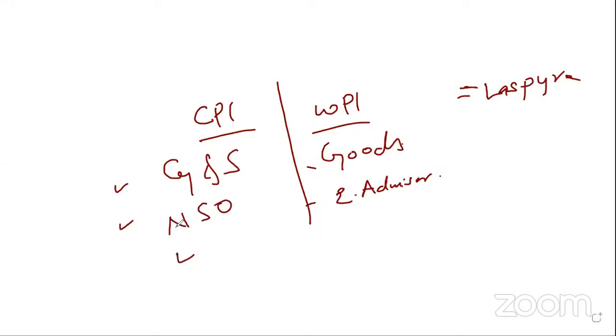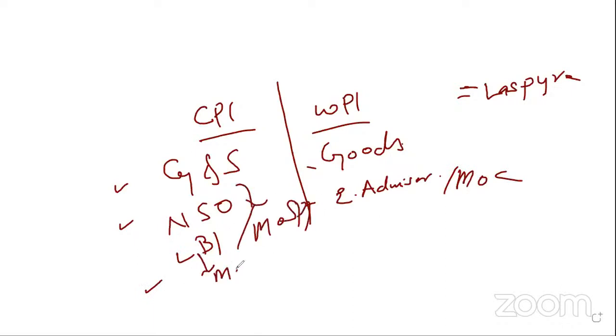Before, you used to write CSO, but now it's merged, so we write NSO. So Labor Bureau and CSO together give CPI. WPI is given by the Economic Advisor, Government of India. This is by the Ministry of Commerce. This is the Ministry of Statistics and Programme Implementation. This is the Ministry of Labor that we are doing.